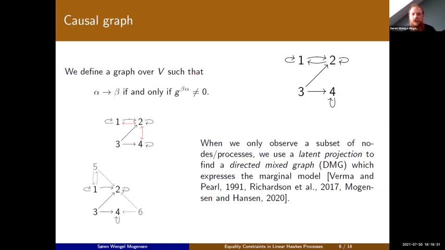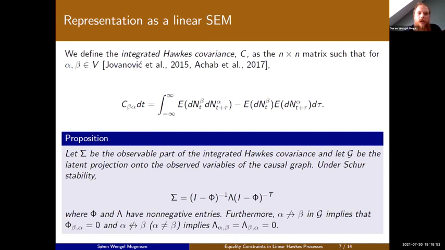A latent projection is a standard way to do this. I'm not going to give a definition, but this is a graphical representation of the system when I have unobserved processes. You can see in this case, the 5 and 6 processes are acting as confounders, so I get these bidirected edges.